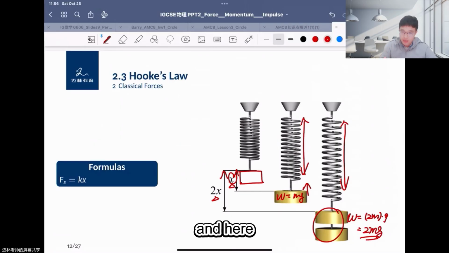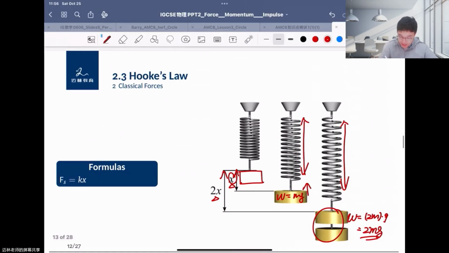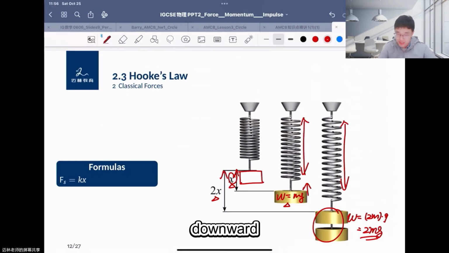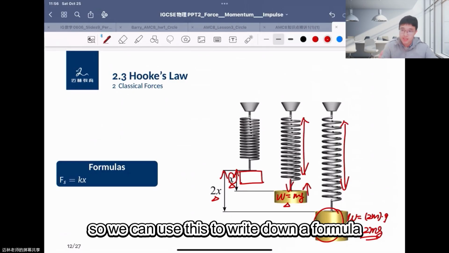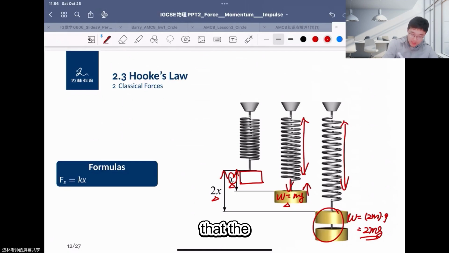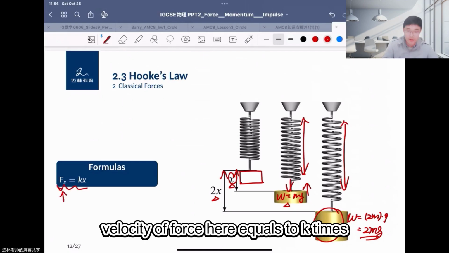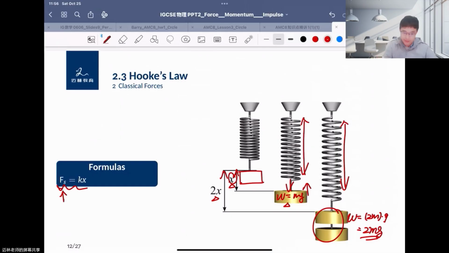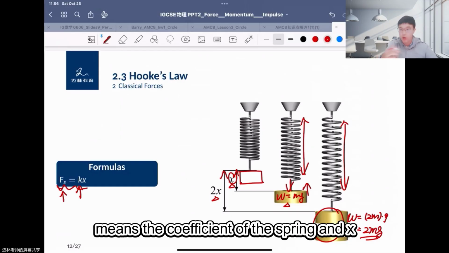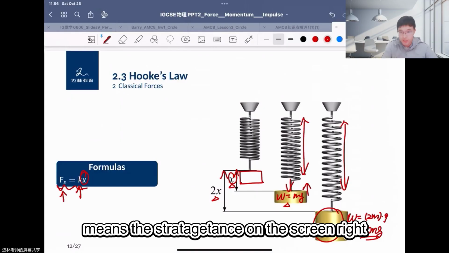And here there is a ratio between the stretched length and the force pulling down on the spring. So we can use this to write down a formula: the elastic force equals k times x. k means the coefficient of the spring, and x means the stretched length of the spring.